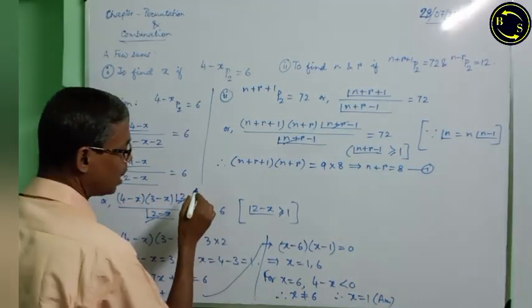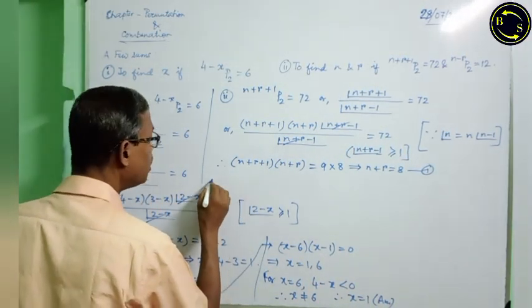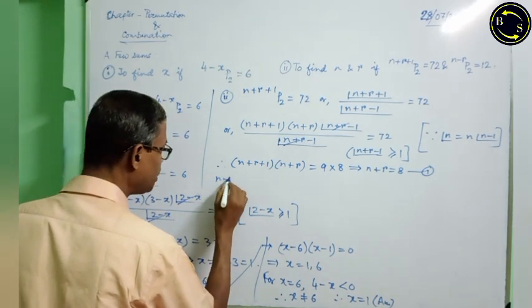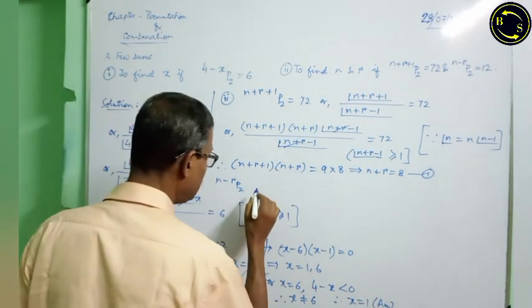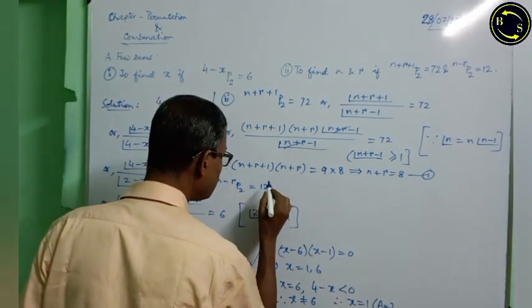Now, the other one, (N minus R) P 2 is equal to 12.